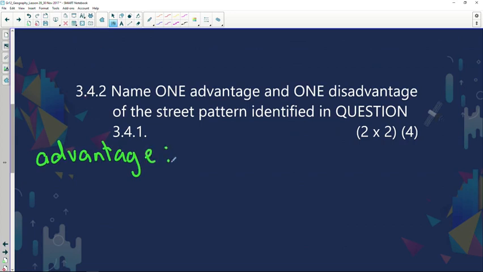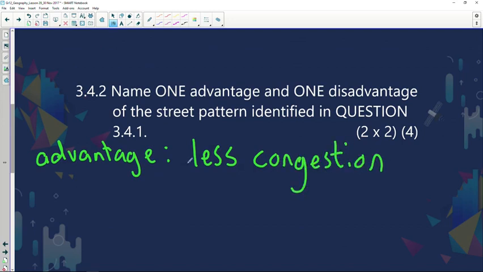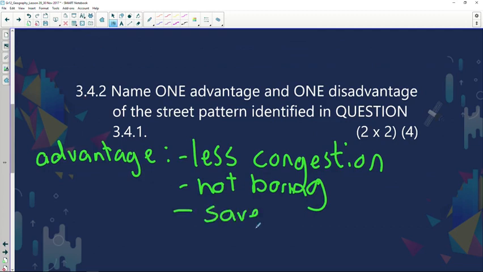One advantage, obviously, there's going to be less congestion, traffic jams. Another one that you can mention as well, it's not boring, it's interesting. And it saves time.